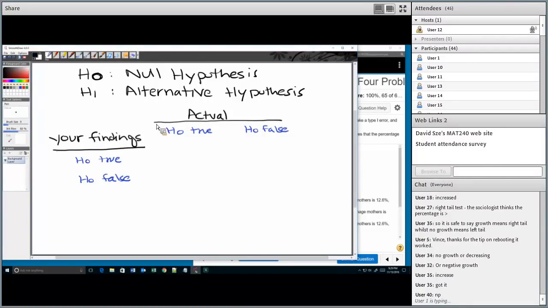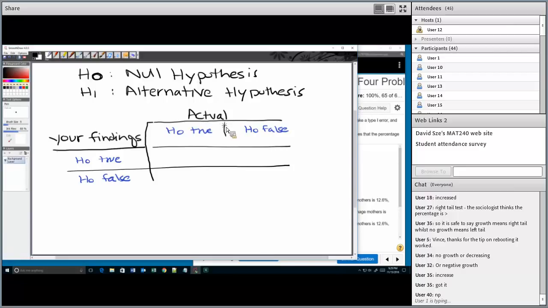Consider this matrix. This is going to be a little tricky, but try to understand this.